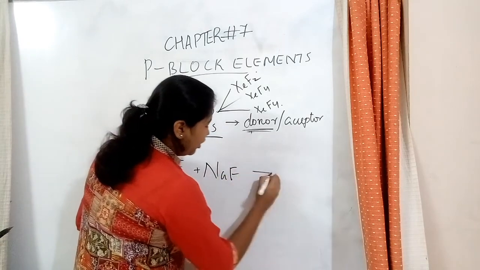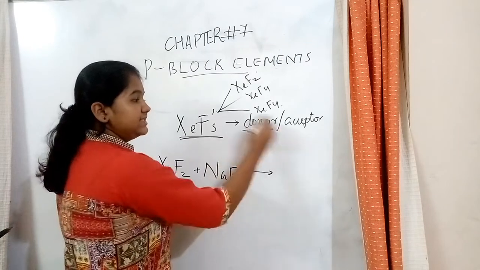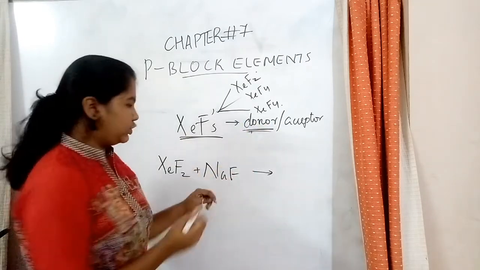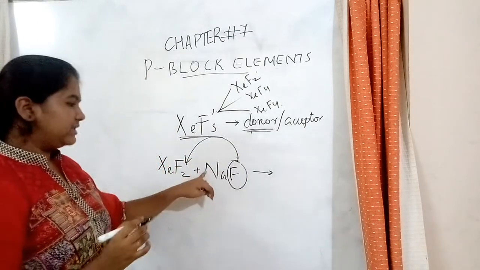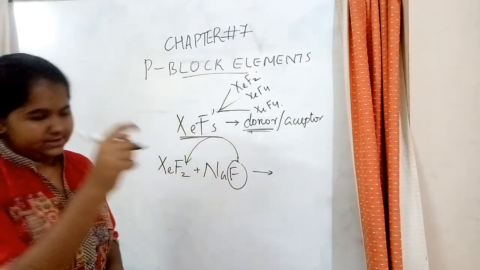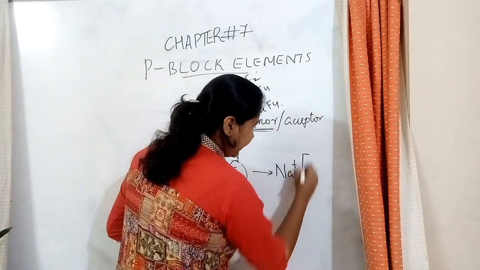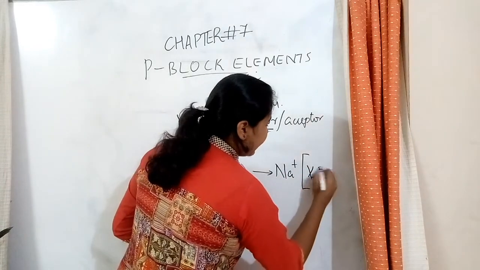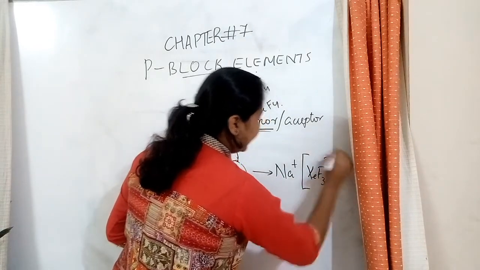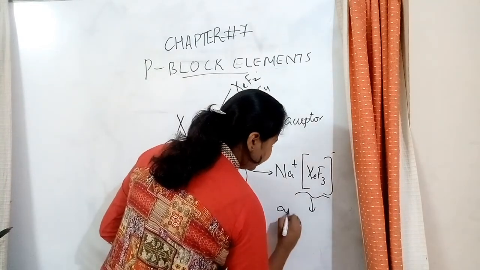NaF. You see that we said this NaF is a donor. So what would it do? It will give this to XeF2 and this would become Na plus, in bracket, XeF3 minus. So can you see this is an anionic species?